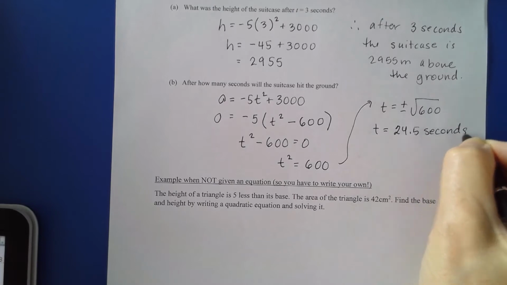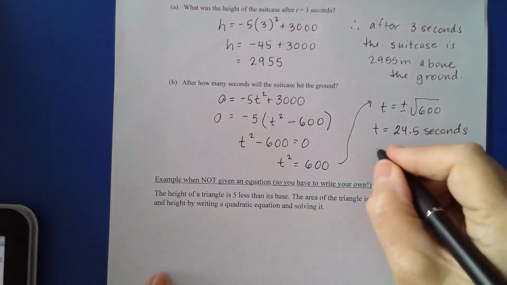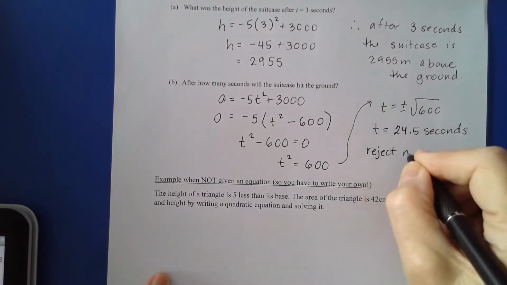What did I do with the negative one? Yeah, time can't be negative, right? Can't have negative time. It doesn't make sense. It's like negative distance, yeah? So I'll say, and you need to do this, reject negative answer.